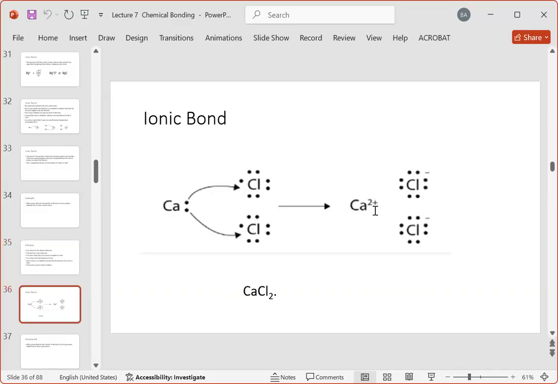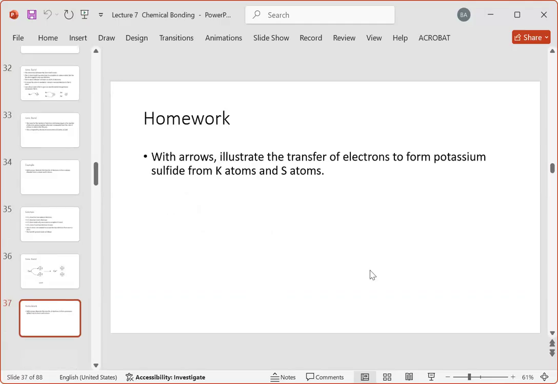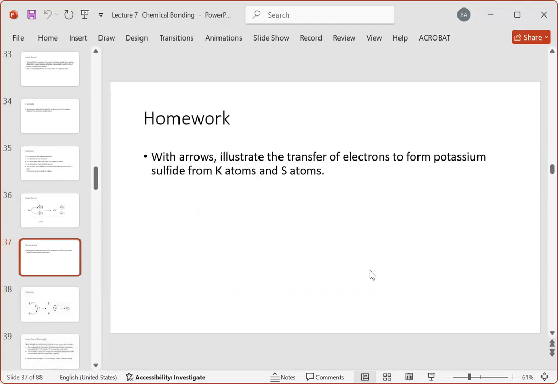The calcium has two electrons, and the chlorine has seven and seven, each needing just one. So we need two chlorine atoms to receive the donation of calcium's electrons. When they donate and chlorine receives, they become ions, and then they can bond together.